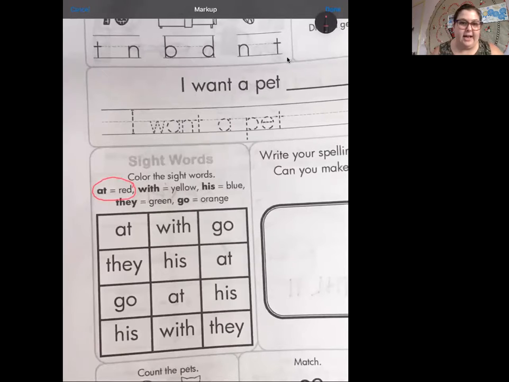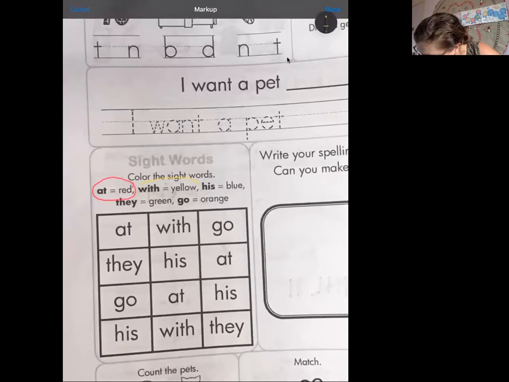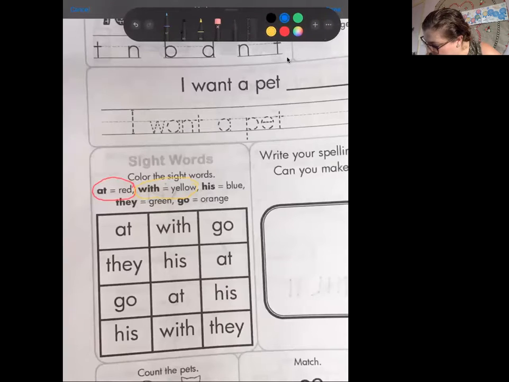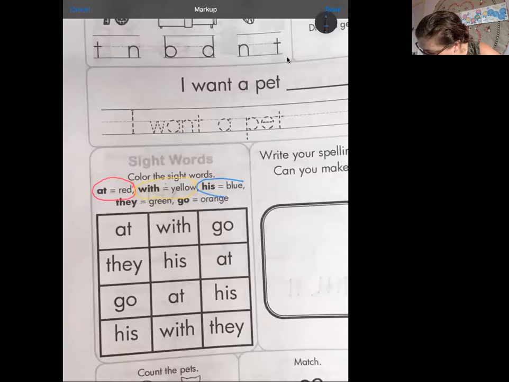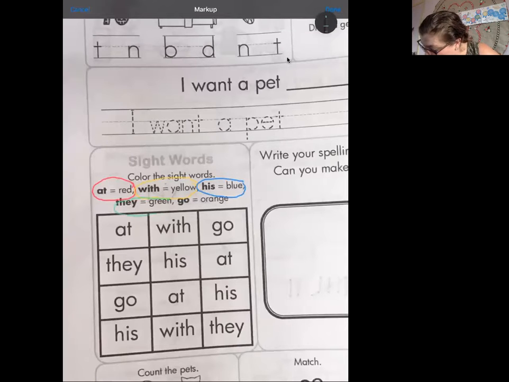Any word that you find at is red. With is yellow. The word with, you're going to color that yellow. And then the word his, you're going to color blue. Okay? They, you're going to color green.